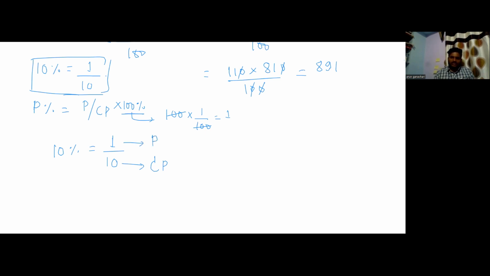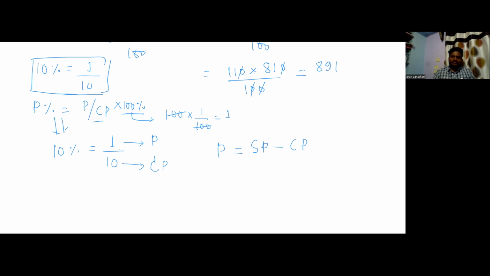If I compare both these equations, your 10 is the cost price and 1 is the profit. Now, what was profit? Profit is equal to selling price minus cost price.